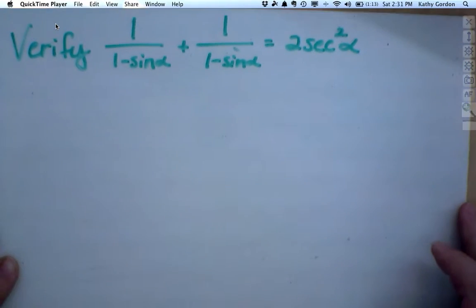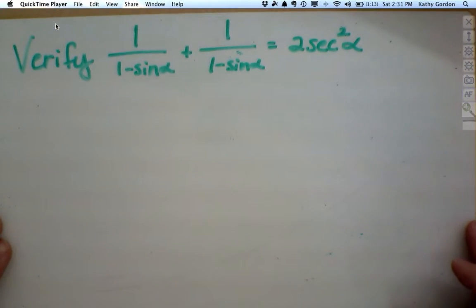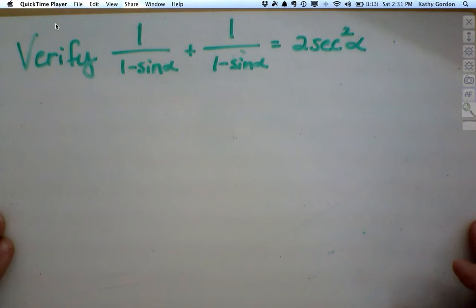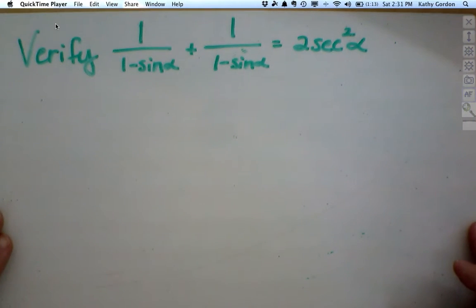The other thing I like about the introductory video is his encouragement that the only real way to get good at verifying identities is to practice them a lot. Again, there are a lot of different ways to go about it. You're looking for identities that are going to fit.